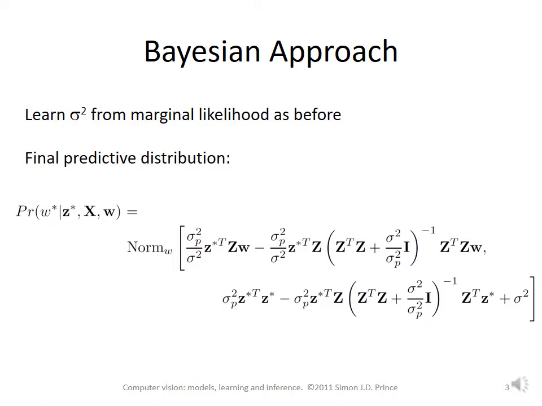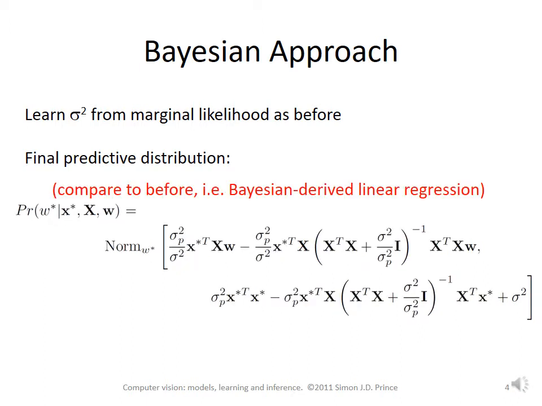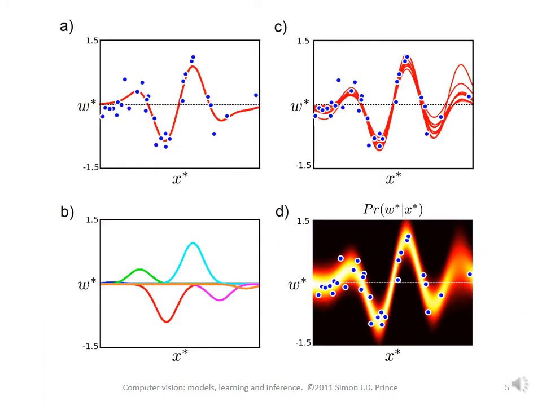But we can remind ourselves of what it looked like before when we did the same Bayesian predictive density in the linear case. And actually, you see, it's very similar, except the x's have all turned into z's. So we already know how to achieve that. And when we plot the learned model, it looks something like this.